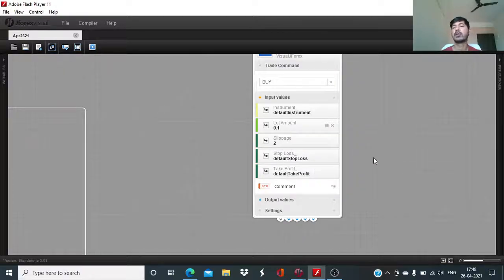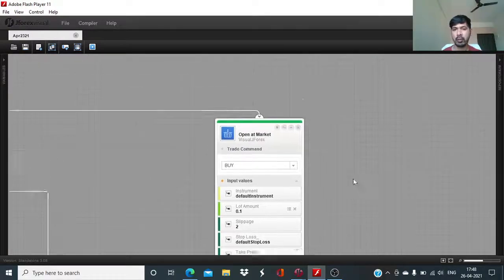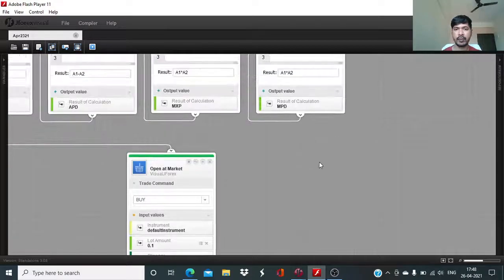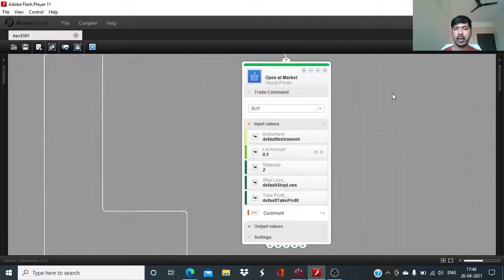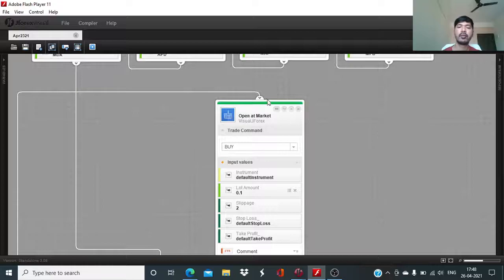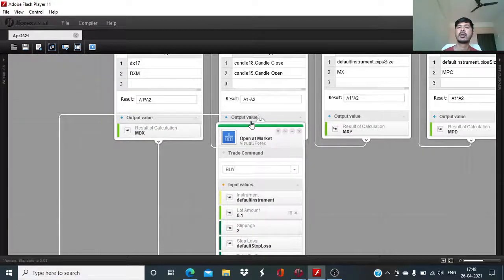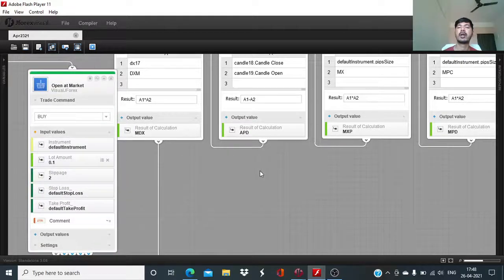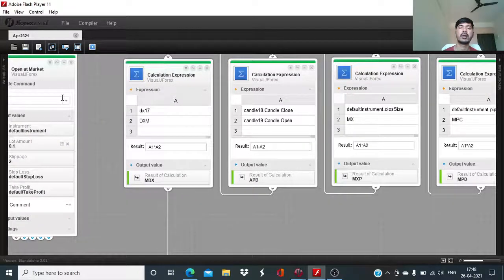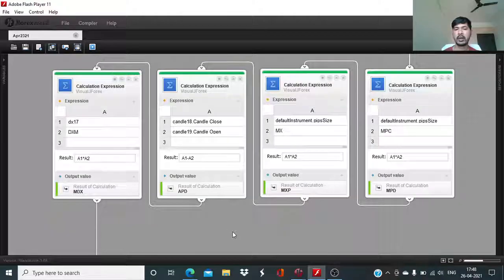Suppose if you want to keep the stop loss of say 15 pips, then you have to remove this variable and write the value, and that will be your stop loss. And then similarly, the take profit can also be done. But for the dynamism of the algorithm, we can utilize these values which we have already derived at, and then utilize those.